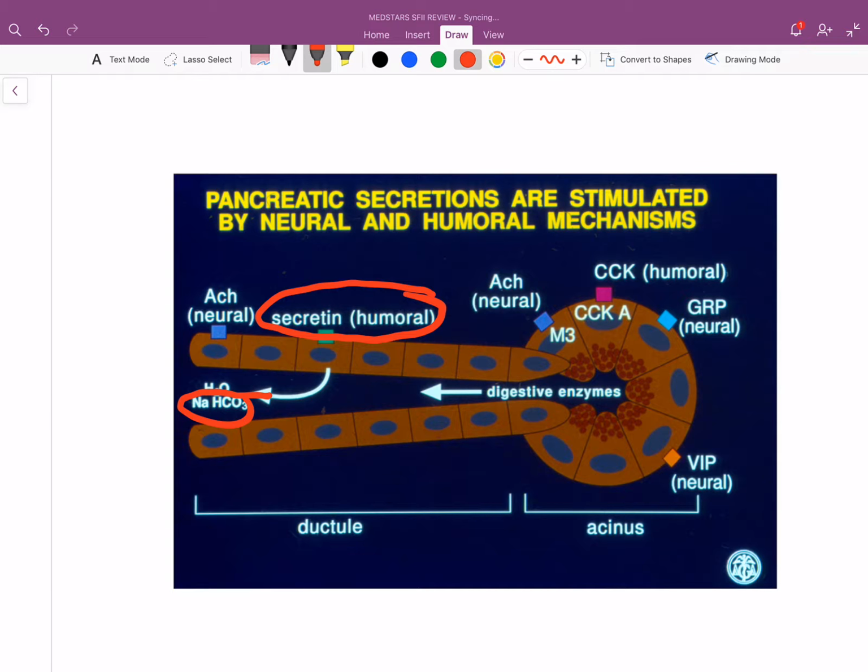And we mentioned that one of the guys responsible for the pancreas secreting its pancreatic enzymes is CCK, right? As I said, CCK is pro-digestive. It's going to tell the gallbladder to contract, and it's also going to tell the pancreas to secrete its pancreatic enzymes.